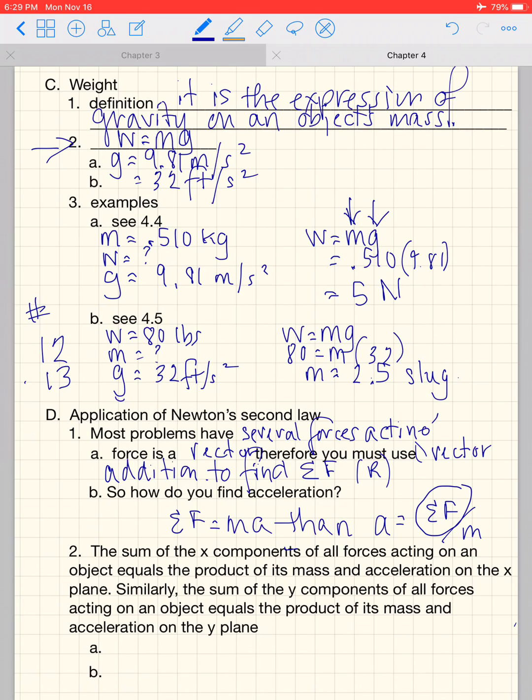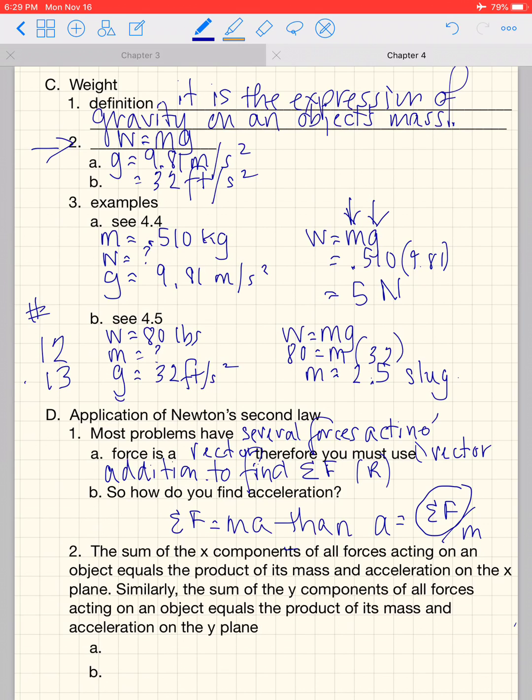So the sum of the x forces creates x acceleration, acceleration on the x-axis. The x forces create x acceleration. So now you're seeing that acceleration is also broken down into its two pieces, the x component of acceleration and the y component.